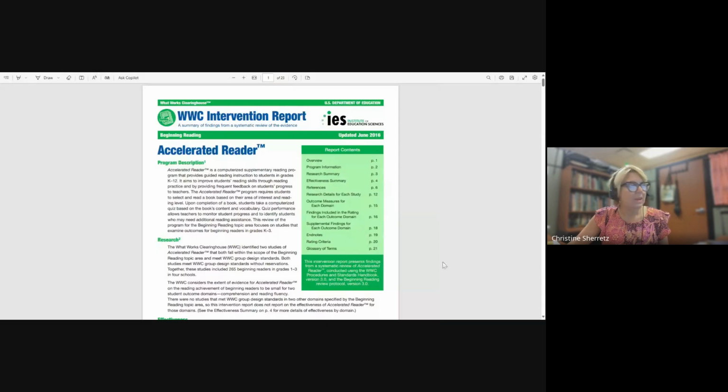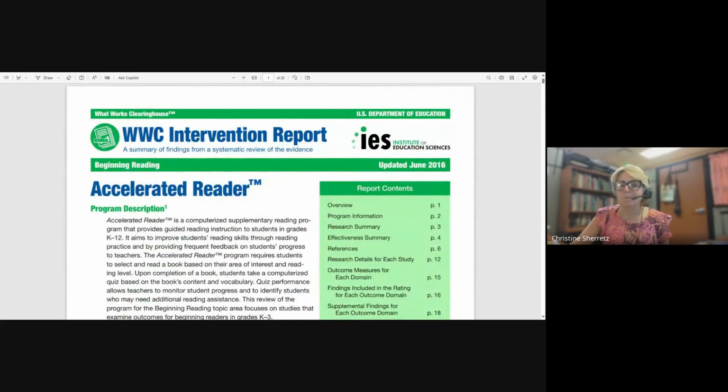So I want to show you now, and this is something that I wanted to show you because where I live, everybody uses Accelerated Reader. Accelerated Reader is a computer program in which you take a test, you read a book, and then there are quizzes that students can be quizzed on about that assignment.